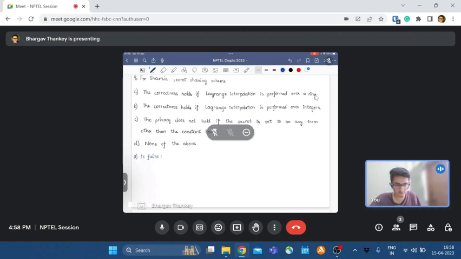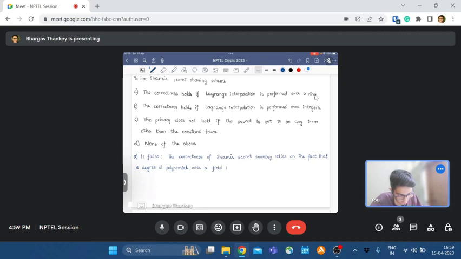So A is false because the correctness of the secret sharing relies on the fact that a degree D polynomial over a field has at most D roots in the field.